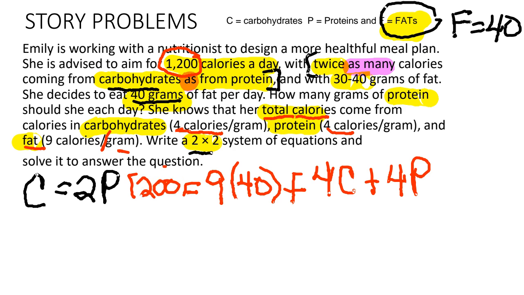Okay. Well, how does substitution work here?